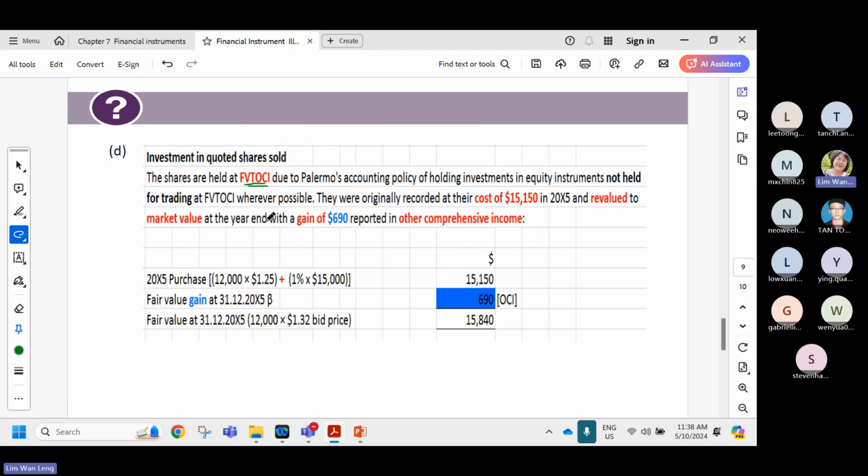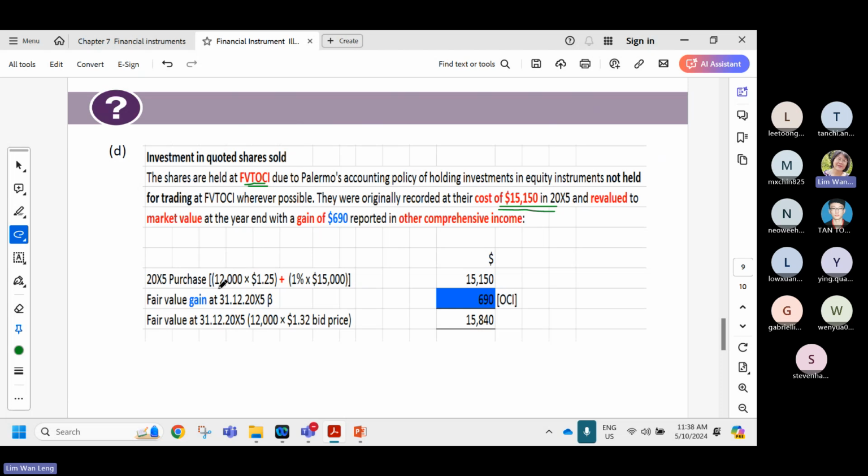But since an irrevocable election is made, they will follow. Shares were held at fair value through the OCI because Palermo says this is what I want. Then the originally recorded cost will be 15,150 in 20X5.